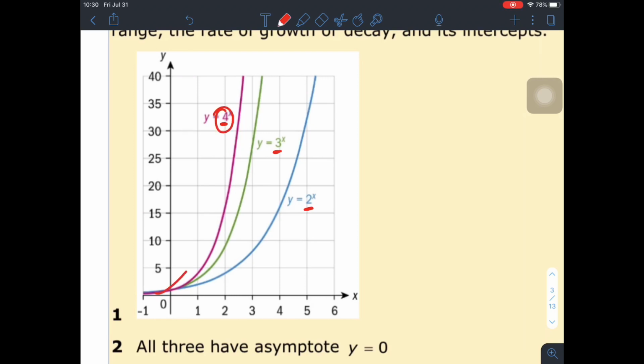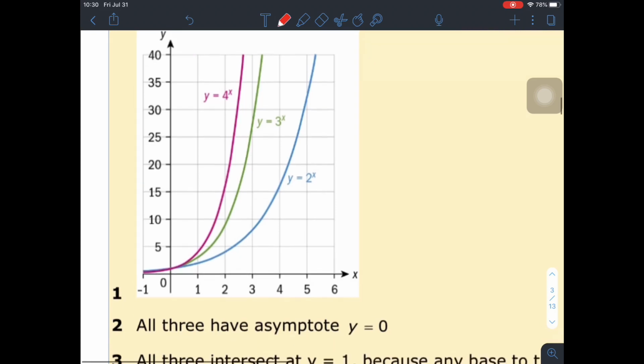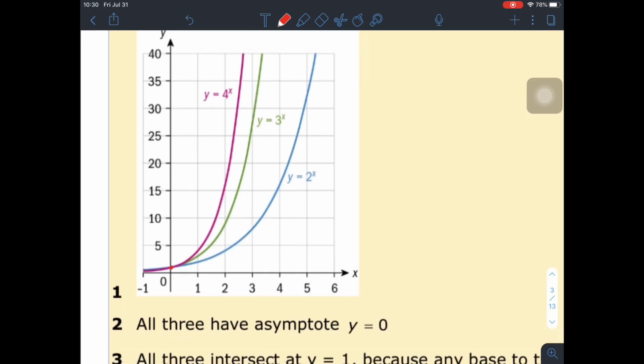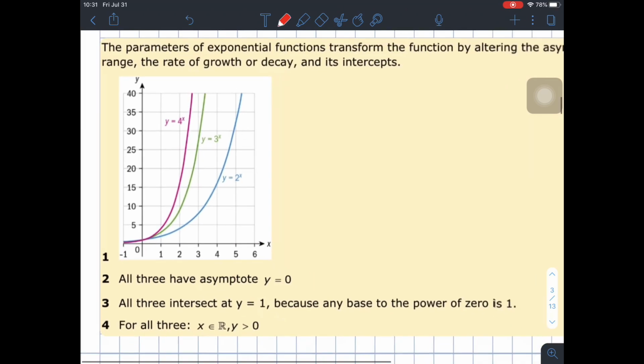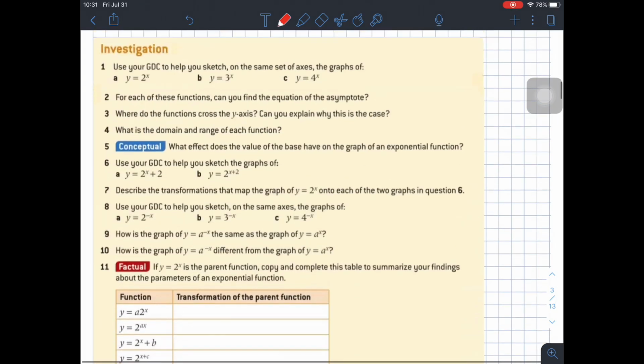The greater the base, the more steep the function is, okay? But you see that, for example, they all share the same y-intercept, and also they all share the same horizontal asymptote. Okay, so that's something very important for you to consider. We're going to see that in the following questions.